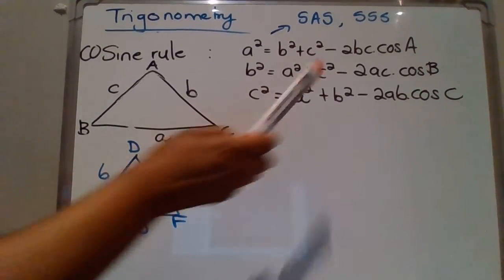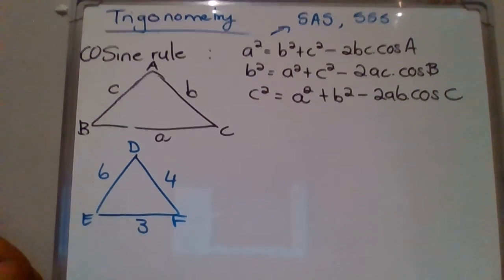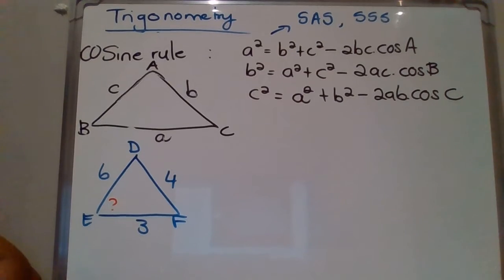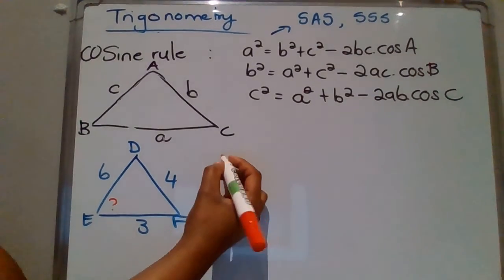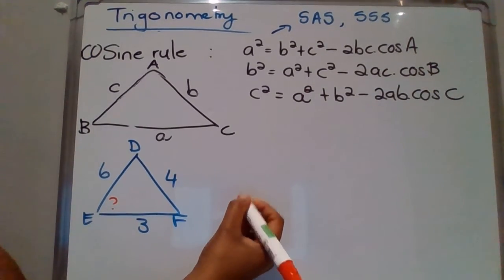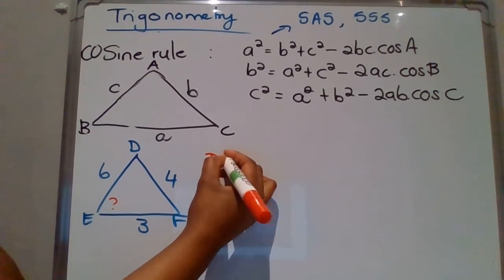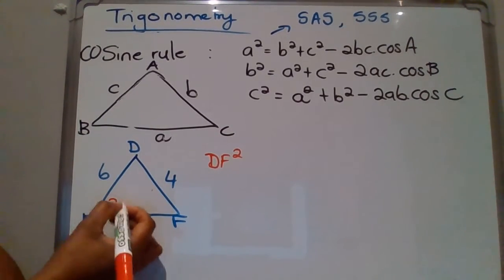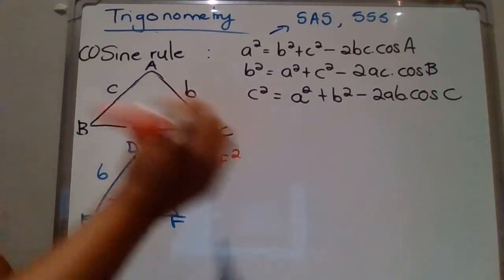Now I'm given a condition where I'm given the three sides, so side, side, side, and let's say we've been asked to find angle E. All right, so how do we then find angle E? We know that DF squared, so we want the one that is opposite this angle, because that's the one that we're going to use.